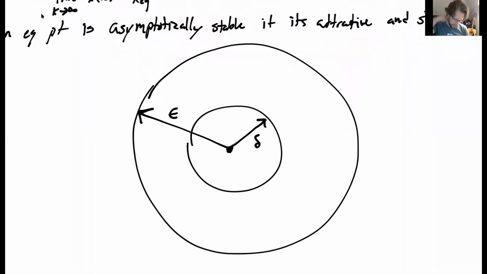Now we can have multiple different types of solutions. Under just general nonlinear systems, we can have attractive solutions that aren't stable. We can have stable solutions that aren't attractive. We can have unstable solutions, and then we can have asymptotically stable solutions, right?